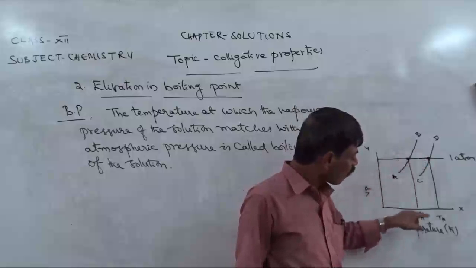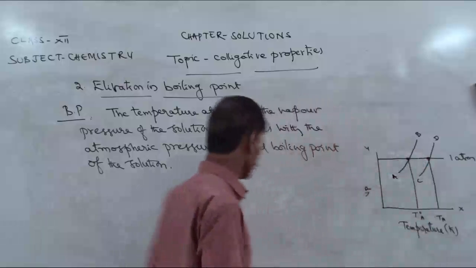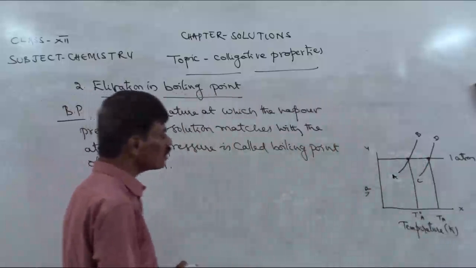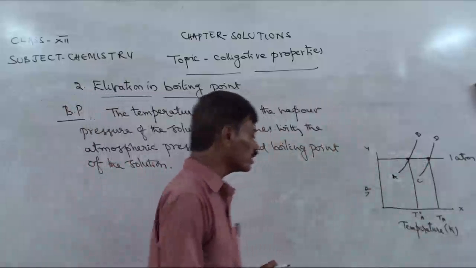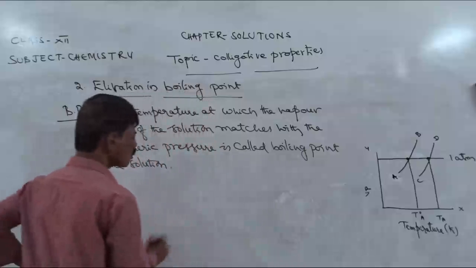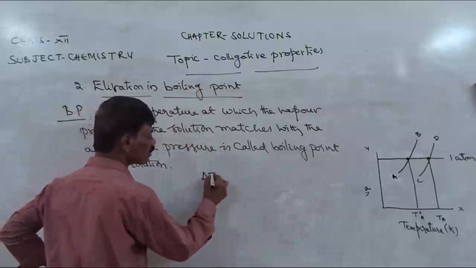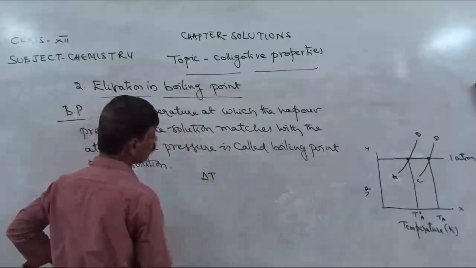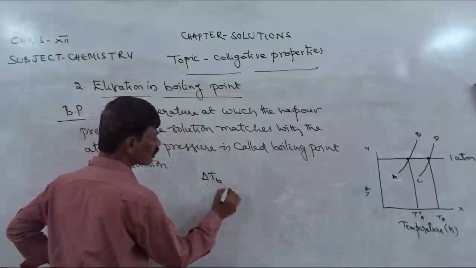Right, it boils at temperature TA, and the difference between these two temperatures is said to be elevation in boiling temperature, that is delta T, elevation in boiling point, delta TB.